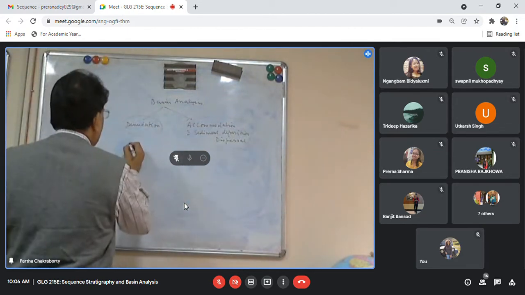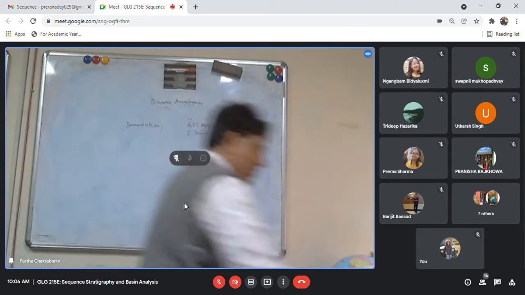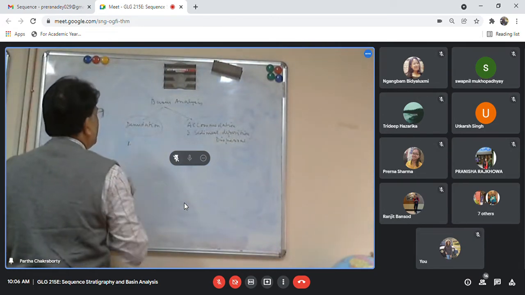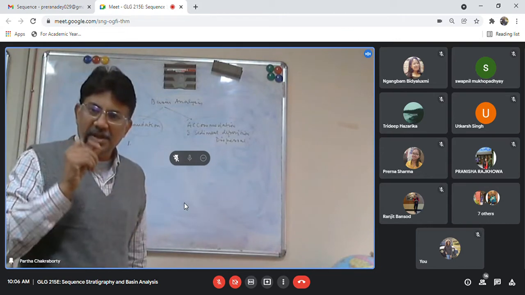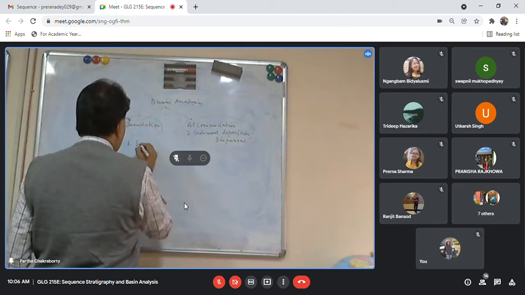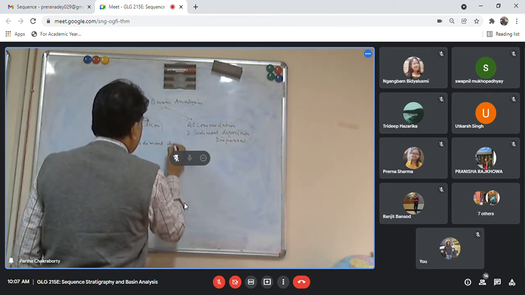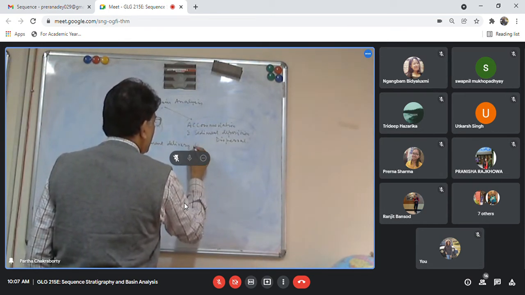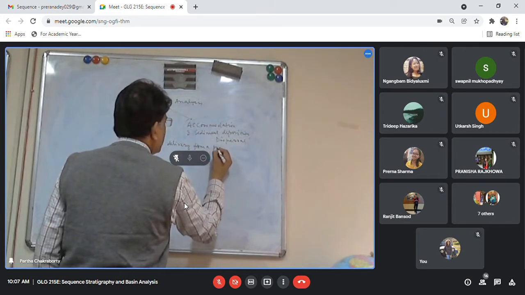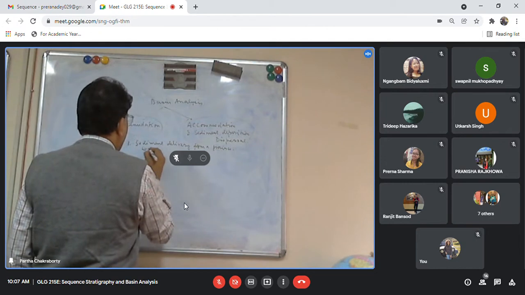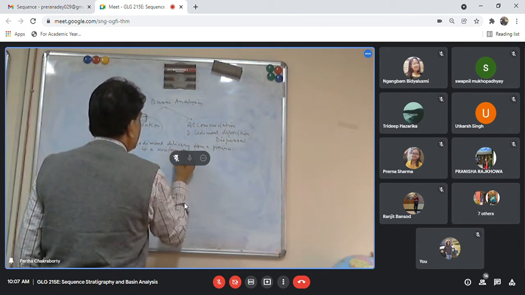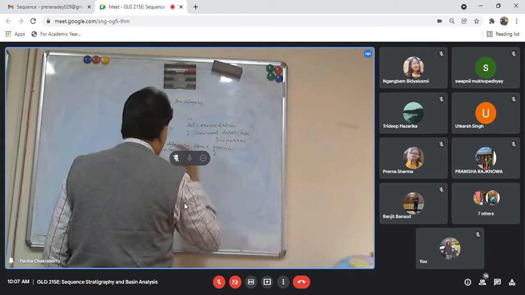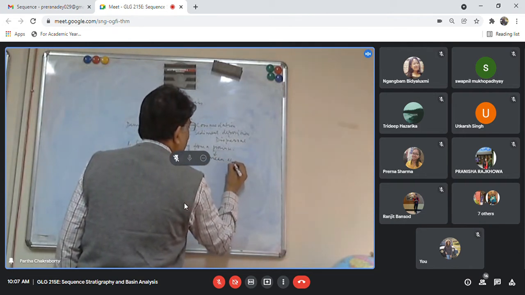So the premises, if we jot them down. Number one: the denudation, the sediment delivery from a province at a uniform rate, and the province is of a mean elevation.